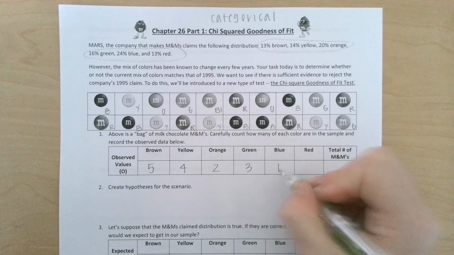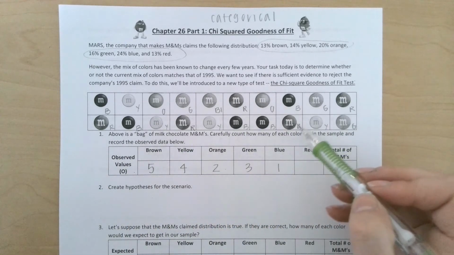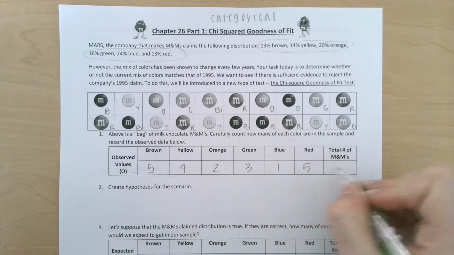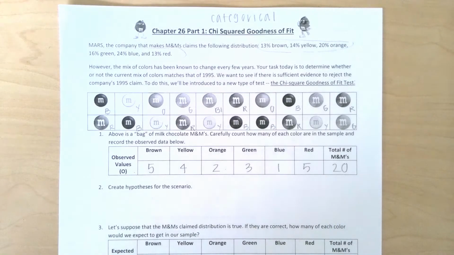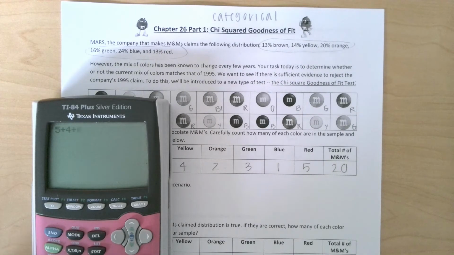Only 1 blue. And let's see, red, 1, 2, 3, 4, 5. Okay, there should be 20 M&Ms in total, so let's quickly check, make sure that I counted those correctly. So I'm just going to do 5 plus 4. That does give me 20.